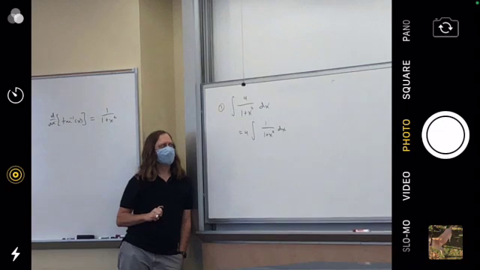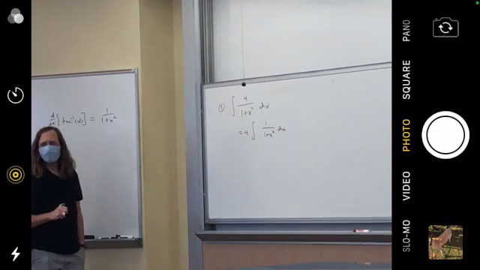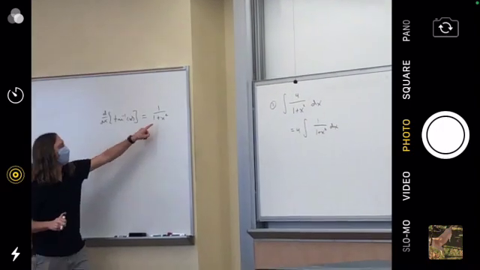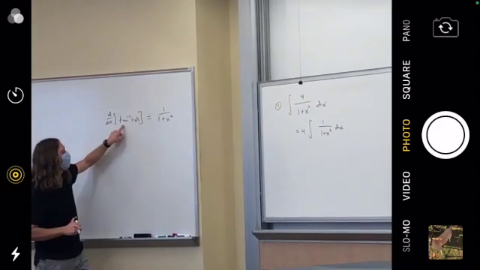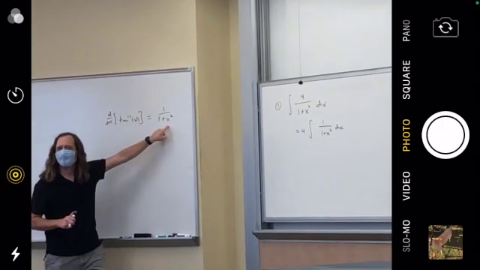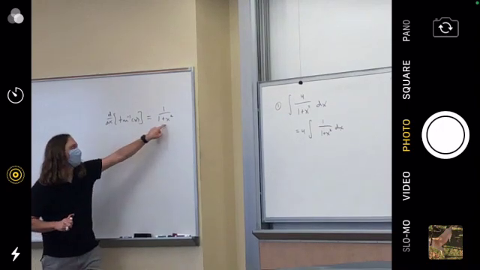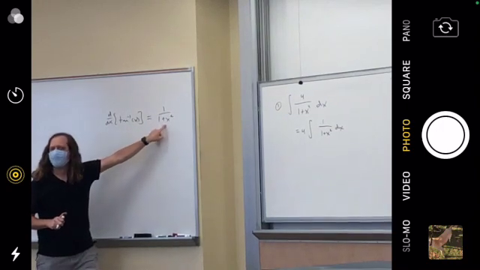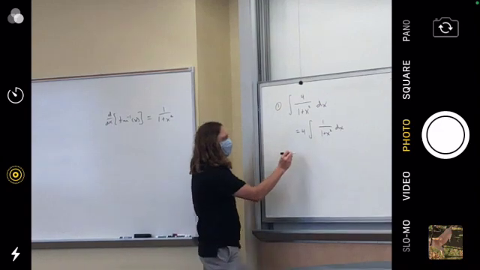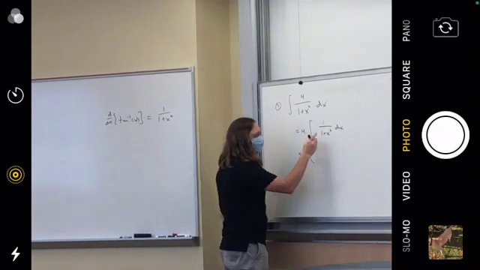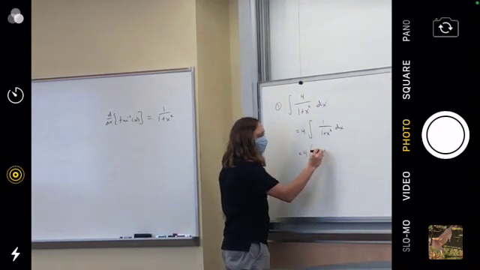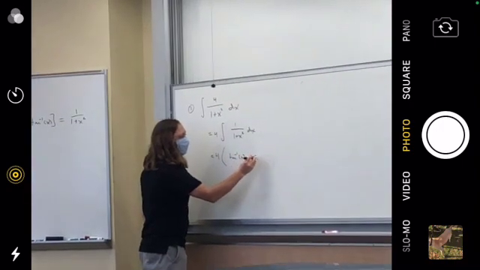Do we know the antiderivative of 1 over 1 plus x squared? If the derivative of inverse tangent is this function, that means inverse tangent must be the antiderivative of this function. So we know this is going to be 4 times inverse tangent of x plus c.